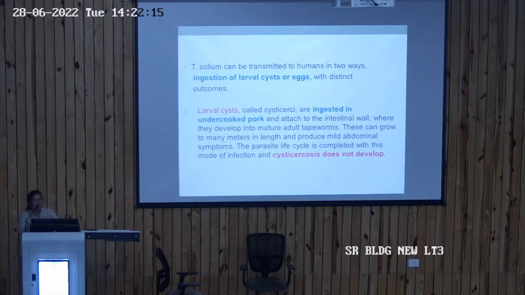This is called teniasis. These larval cysts attach to the intestinal wall where they develop into mature adult tapeworms. These can grow to many meters in length and produce mild abdominal symptoms. The parasite life cycle is completed with this mode of infection, and cysticercosis does not develop.